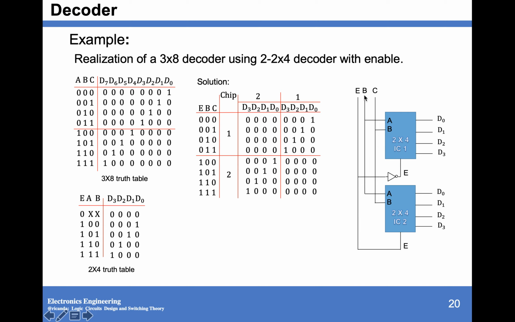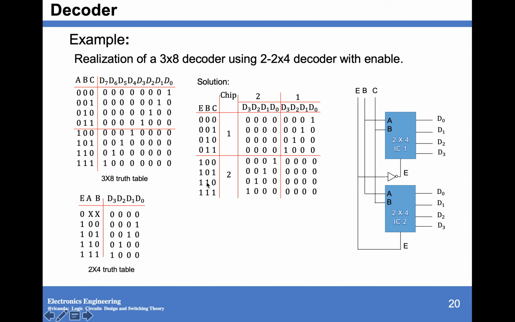So we have B and C connected with EB, and your enable connected with your enable in each of your 2 by 4. So if this is equal to 0, only your IC number 1 will function as a decoder. This decoder number 2 will not function as a decoder. It will have an output of all 0.